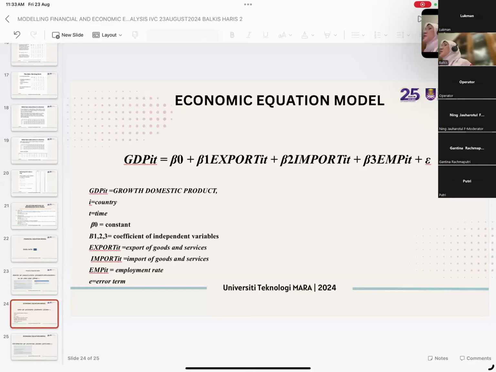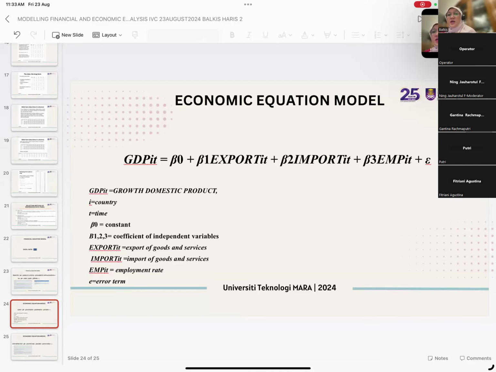In this case, we have the GDP depends on the export of goods and services of the country, the import of goods of the country, and the employment rate. Sometimes you can use employment rate if you have good literature, or unemployment rate. Very straightforward for several countries for several years.